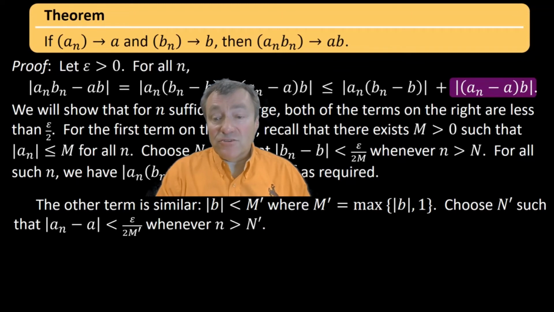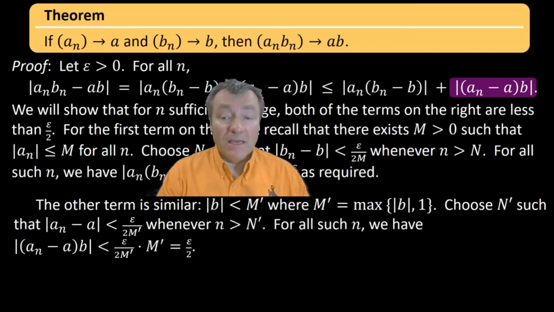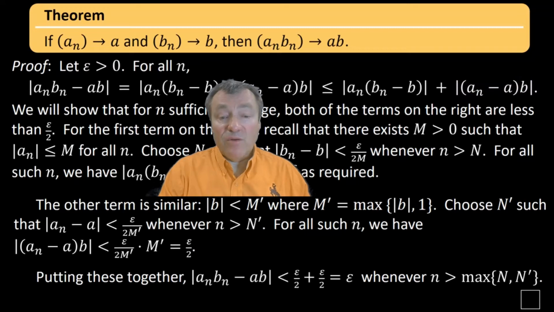As before, choose N prime such that a_n is within epsilon over 2M prime of a whenever n is bigger than capital N prime. This gives me the desired bound for the second term on the right, which I've highlighted. Now I have both of the terms I want to be less than epsilon over 2.